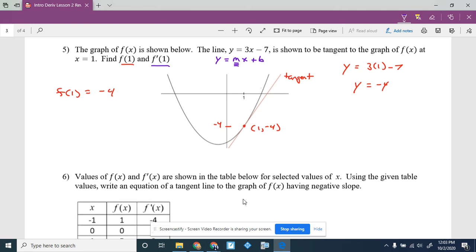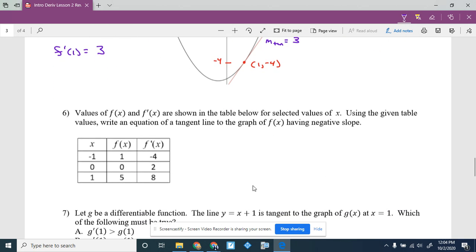So the slope of this line right here, m tan, is going to be 3. So that means f prime of 1, the slope of the tangent at x equals 1, is going to be 3. And again, that's just testing you on your knowledge of the concepts that we have discovered or talked about. All right, great question.